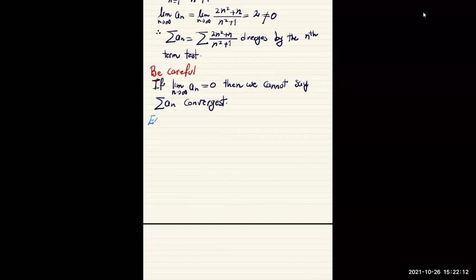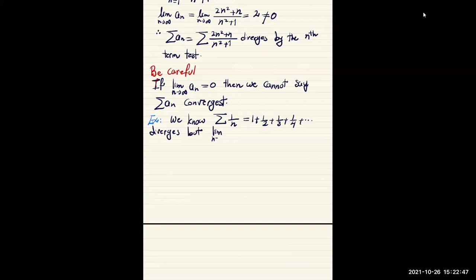The harmonic series. We talked about this yesterday. The harmonic series 1 over n, 1 plus 1/2 plus 1/3 plus 1/4, and so on. The terms of the harmonic series get smaller and smaller. And we know that this diverges, okay? It diverges, but the terms get smaller.